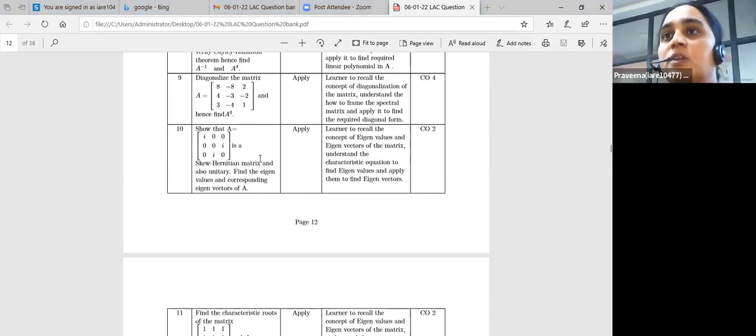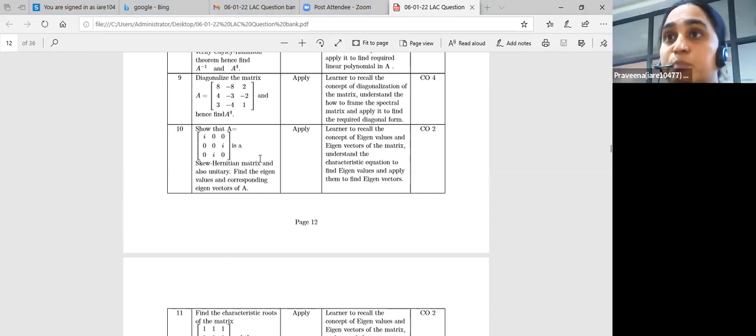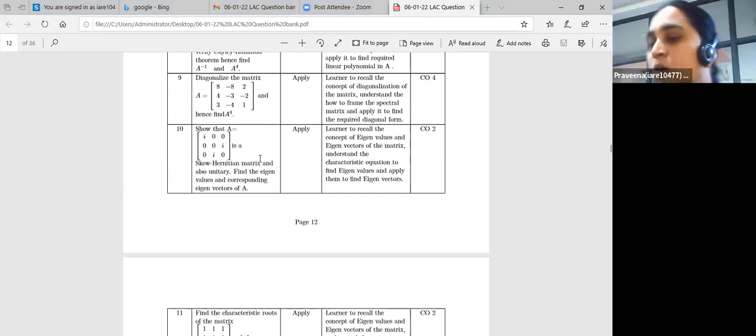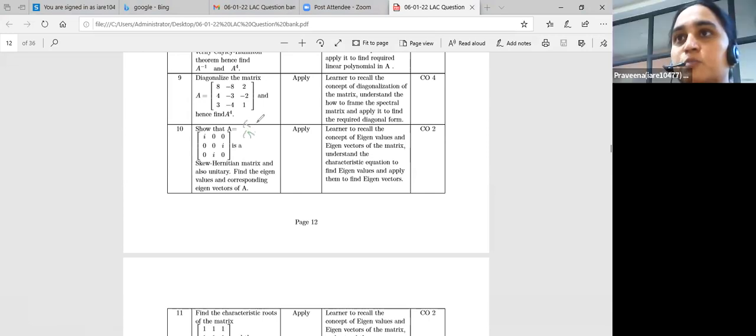A transpose equal to minus A. A power theta, that is A bar whole transpose, is equal to minus A. That is, A power theta is equal to minus A.